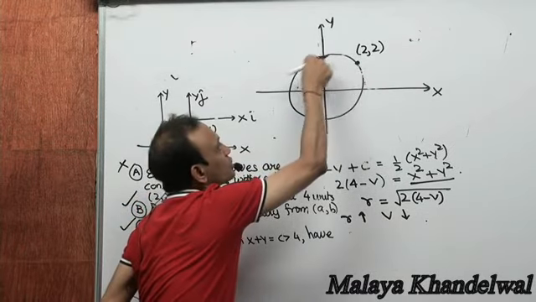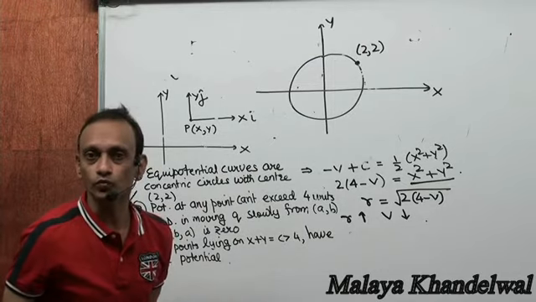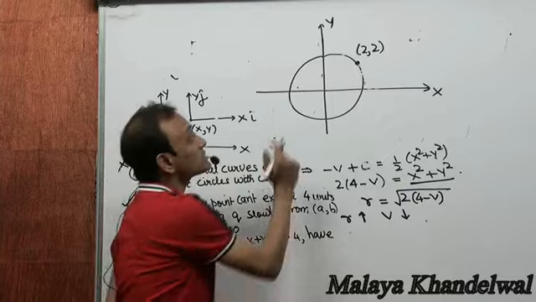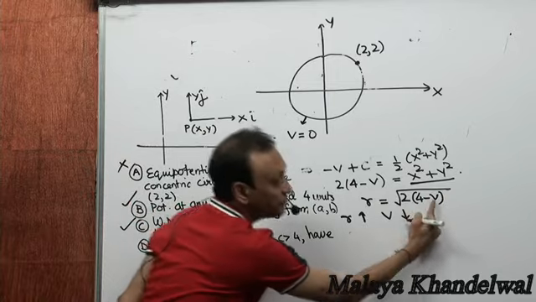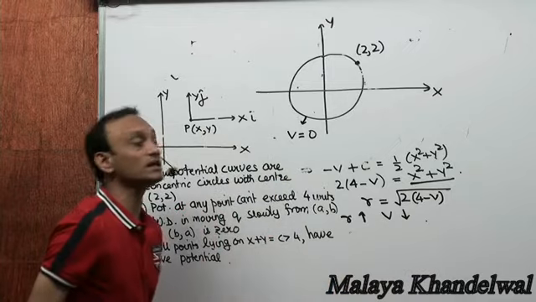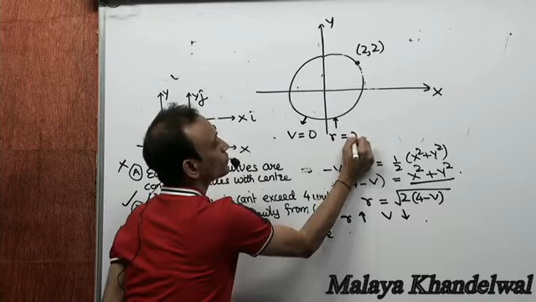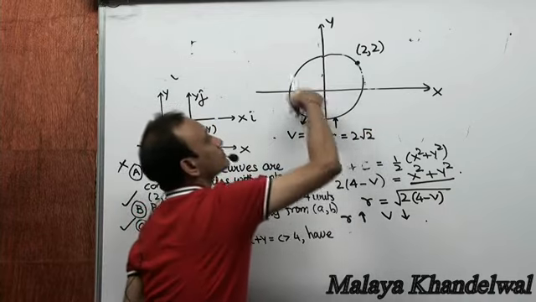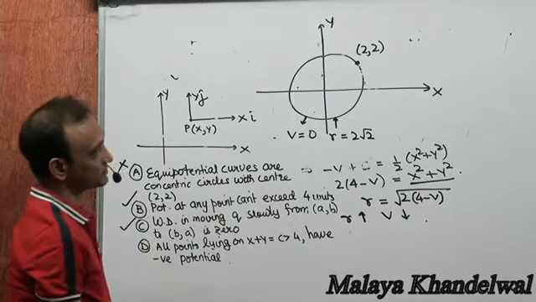So at all points on this circle the potential is going to be 0. Yes or no? Right? That means this is a circle with V equal to 0, and if V is 0, the radius, as you can see, is 2 root 2. The radius of the circle is 2 root 2, isn't it?